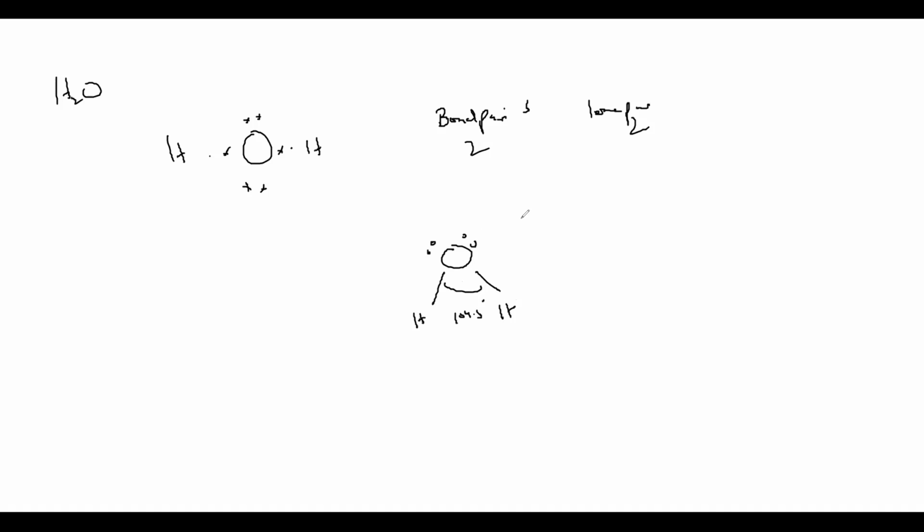So actually you can see each lone pair reduces the bond angle by 2.5, because in a tetrahedral structure, when we have 4 bond pairs and no lone pair, the bond angle was 109.5.